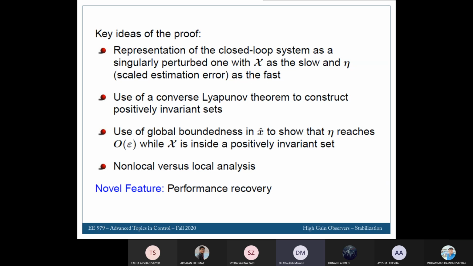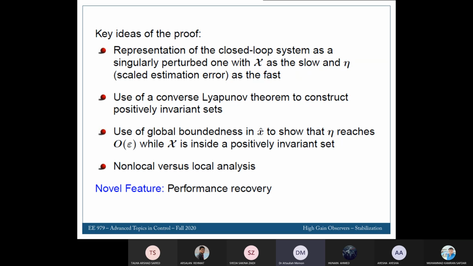One idea is that you split the states into slow and fast, using the scaled estimation error we defined earlier, and then use the converse Lyapunov theorem to construct the required positively invariant set and show that all the trajectories under the state feedback and then output feedback converge to those sets.